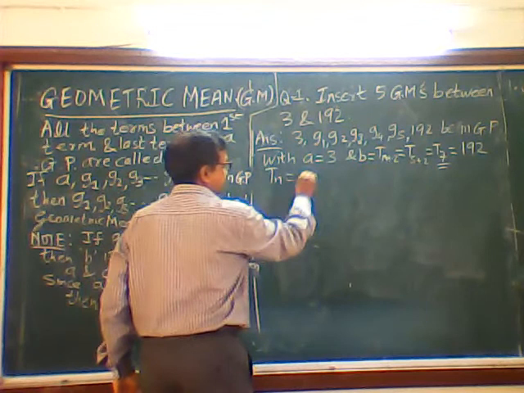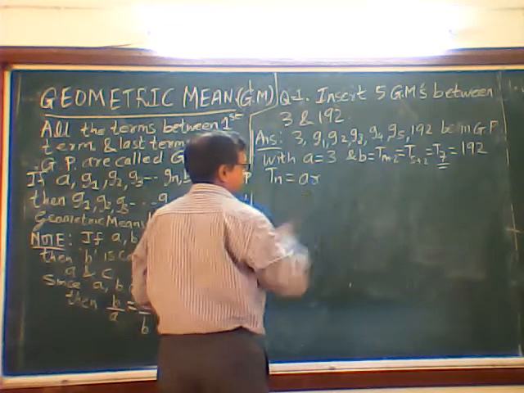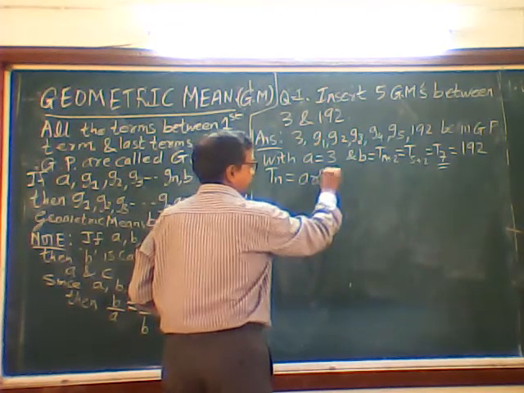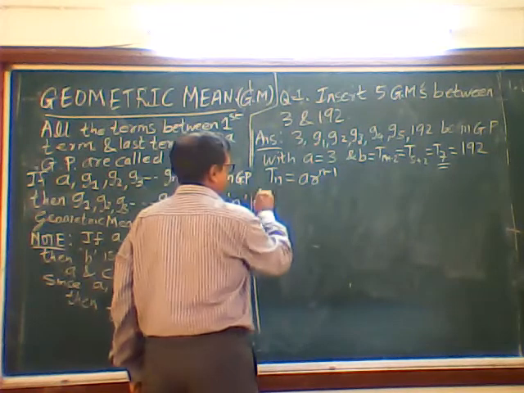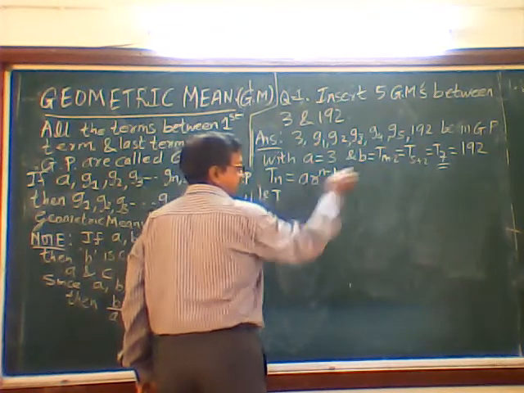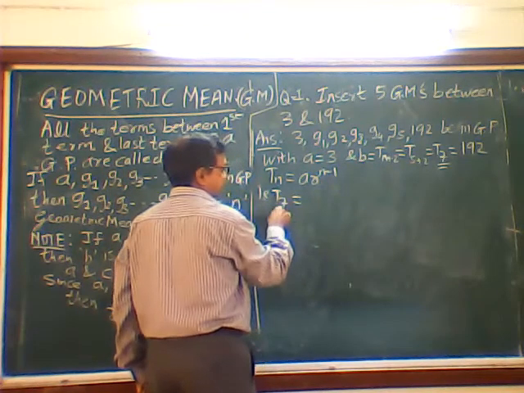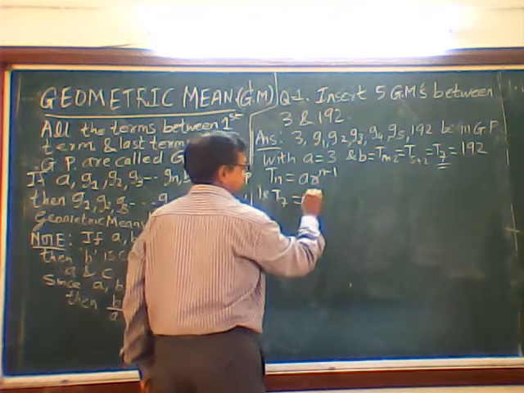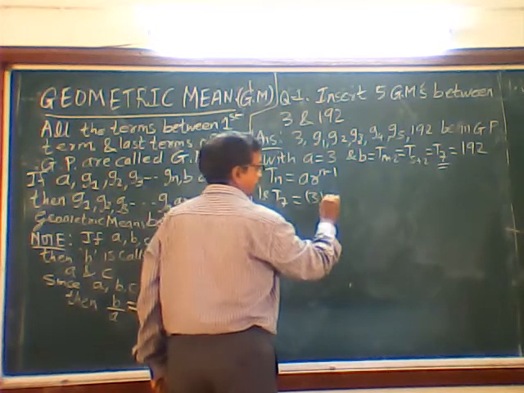Then we have the formula Tn equals A times R raised to n minus 1. Here T7, so n is 7, A is 3, and R we don't know.